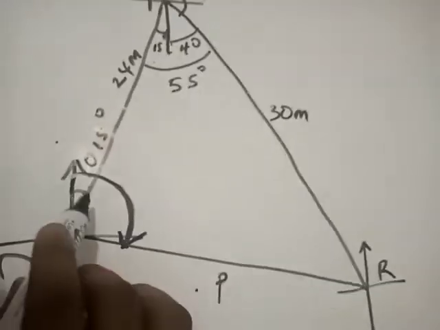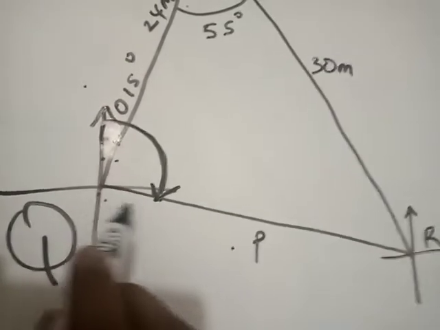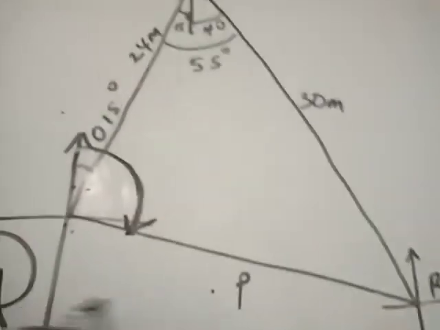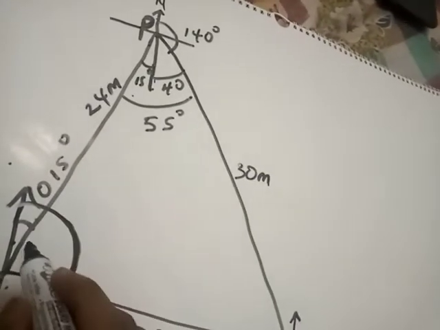From Q, we draw an angle from the north axis of Q to meet the line connecting QR. Before we can find this angle, we need to find the angle of this.